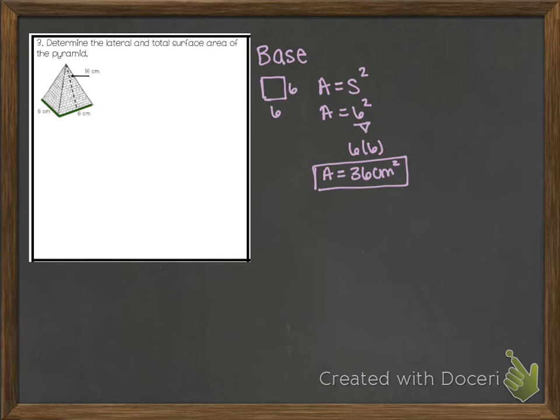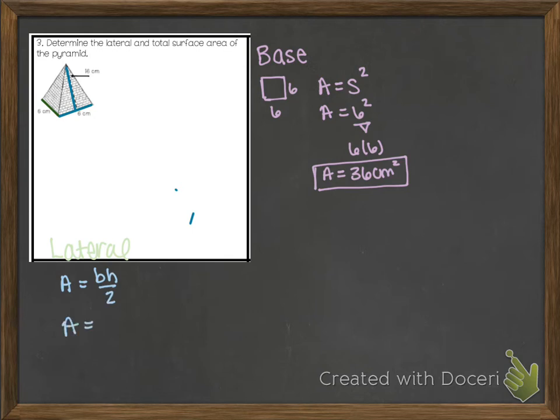Okay, so now let's work on lateral down here. For lateral, we are going to look at our triangles. We have this height line right here, or slant height, of 16, and a base of our triangle of 6. So we have an area of base times height divided by 2.